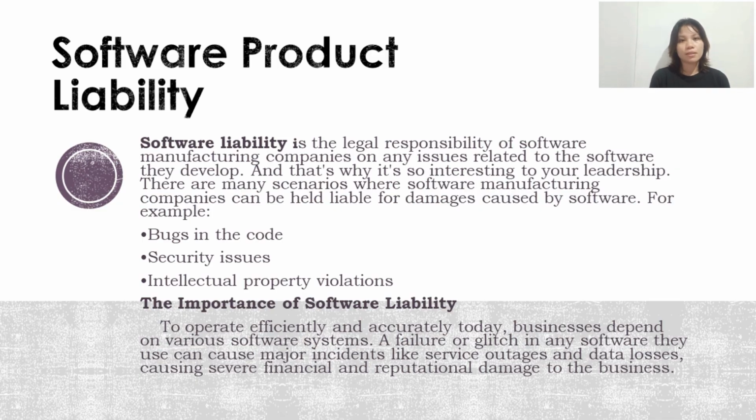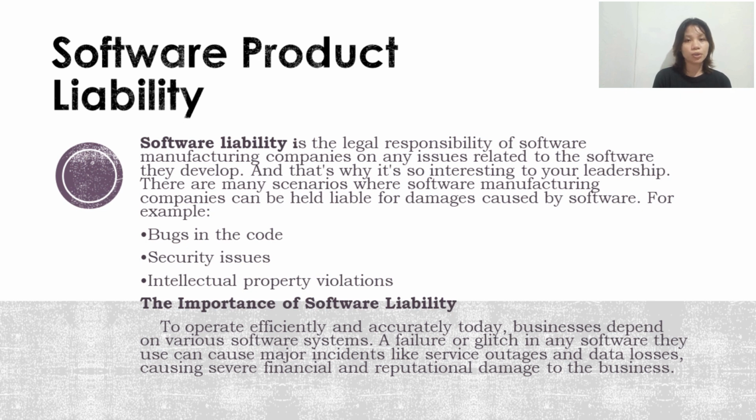Software liability is a developer or company's legal responsibility for problems caused by their software. This may include things like bugs. If a flaw in the code causes the software to malfunction, resulting in financial loss or other damages, the developer may be held liable. Next is security flaws.